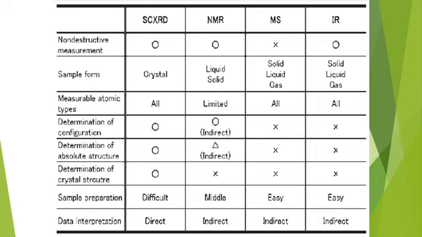Samples can be used in different techniques, and measurable atomic types. SCXRD can measure all types of atoms, and there are other properties like determination of configuration, determination of absolute structures, determination of crystal structures, sample preparation, and data interpretation. Here we can see that the single crystal XRD technique is superior to all other techniques in determining the structure of the atom.